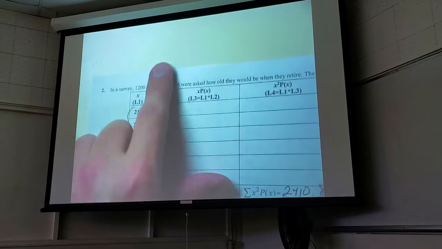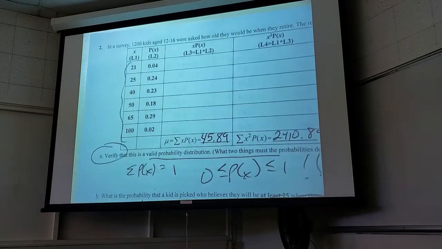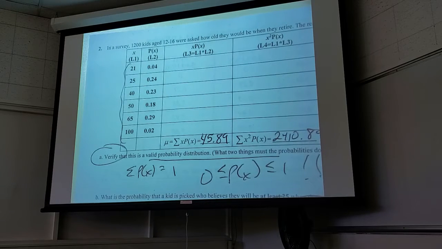Because she can read. Now, don't say it again. I want to know the percentage of kids that think they'll retire before age 65. I want to know the number of kids that think they will retire before they are 65.